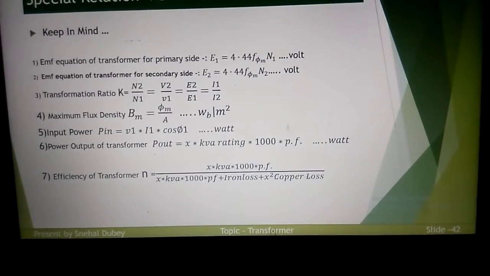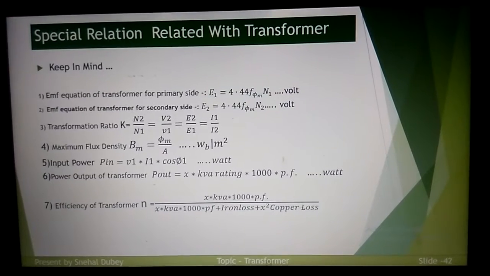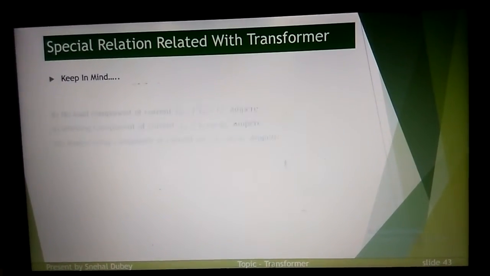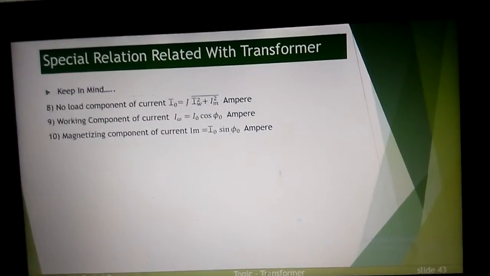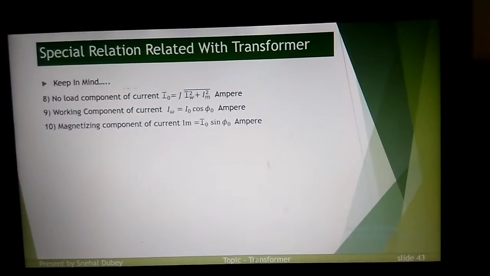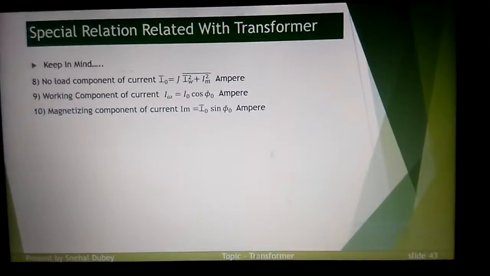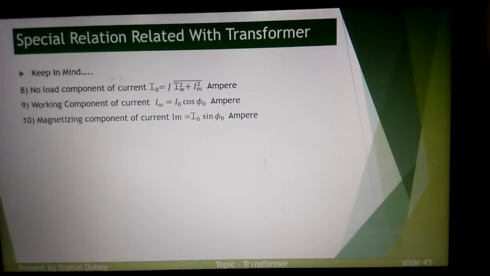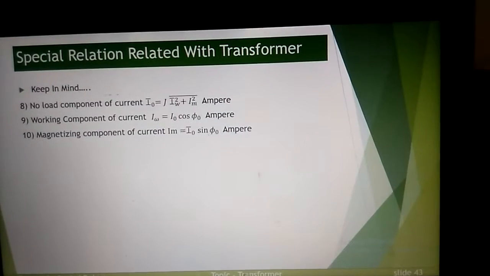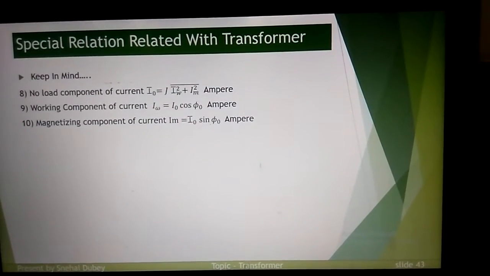Next, some other relations. Keep in mind all such relations, that is the no load component of current I0. I0 is equal to root of IW square plus IM square, where IW is the working component of current and IM is the magnetizing component of current.